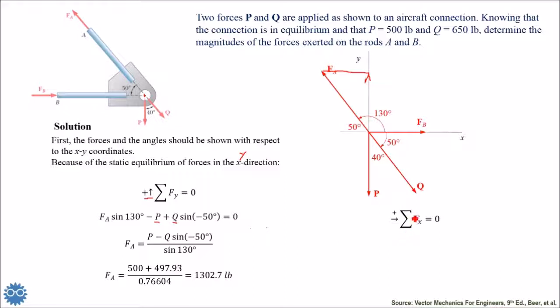We see that the summation of all x components of the forces should be 0, and we consider the positive x direction as positive value. So any force to the right will be considered positive. Now, you may ask why I started by y. I didn't start by x.